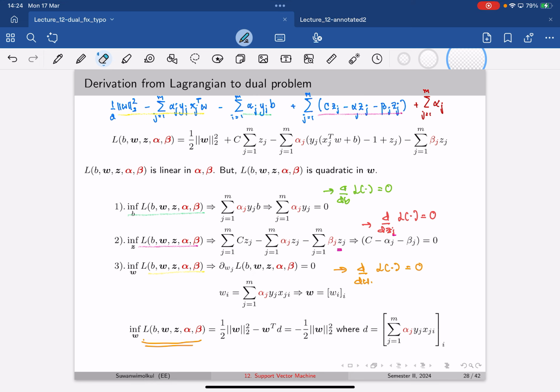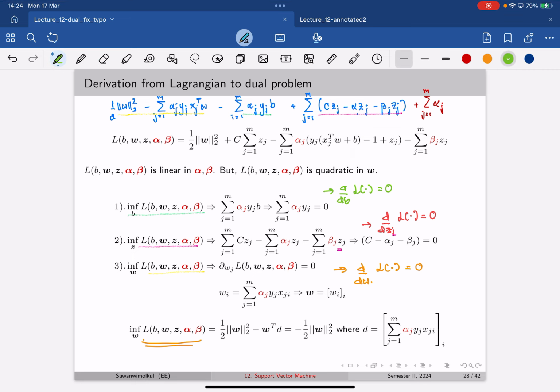What I did next was group the terms corresponding to the normal vector together. For example, I put this term here together with the one up here, and then I moved those terms corresponding to the normal vector up here. For the bias variable, there is only one term corresponding to it.